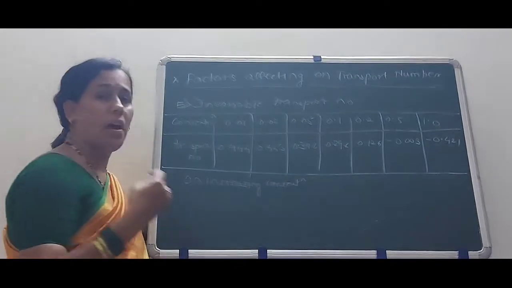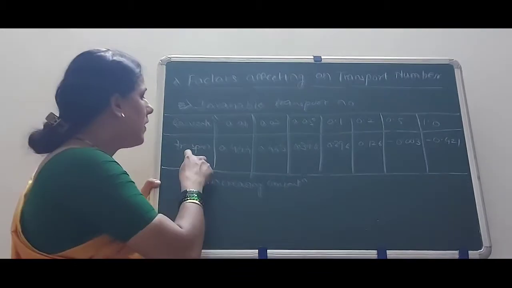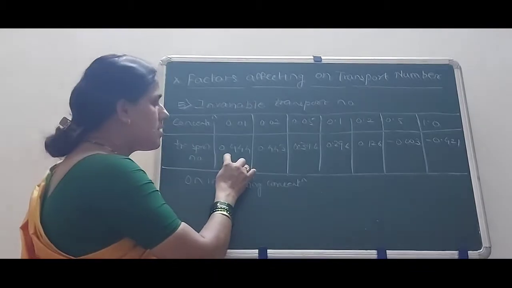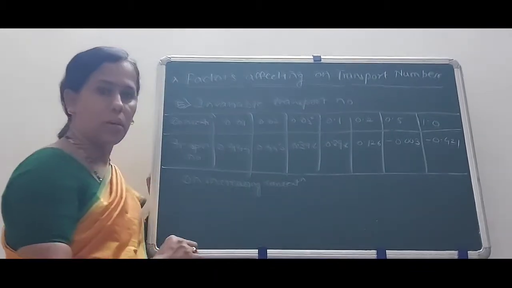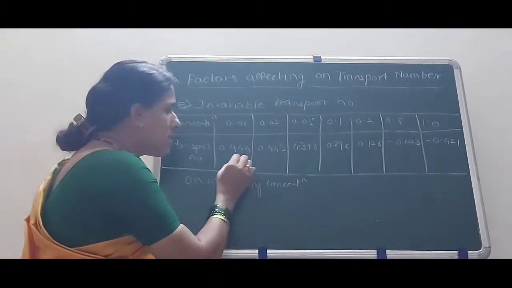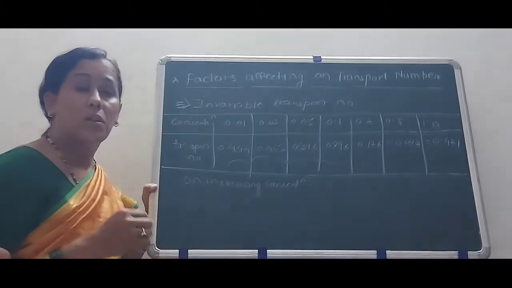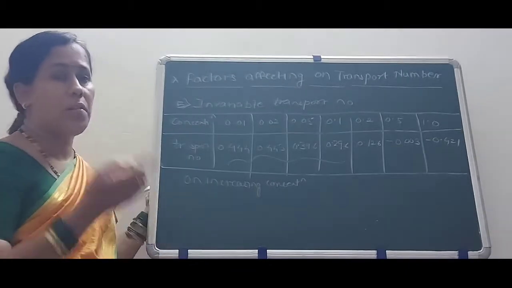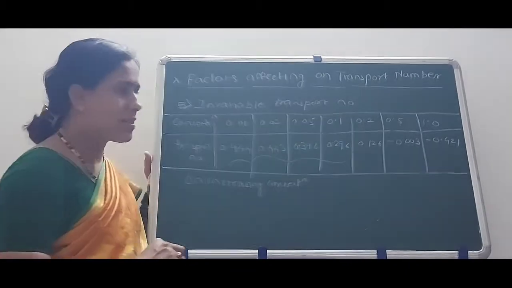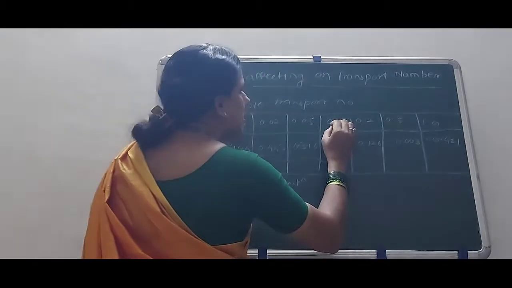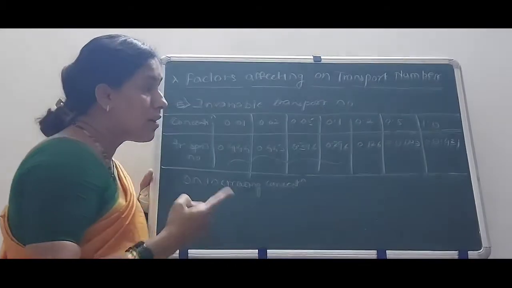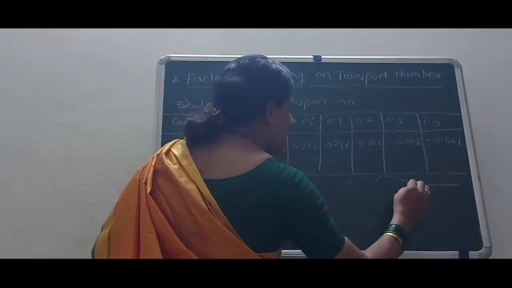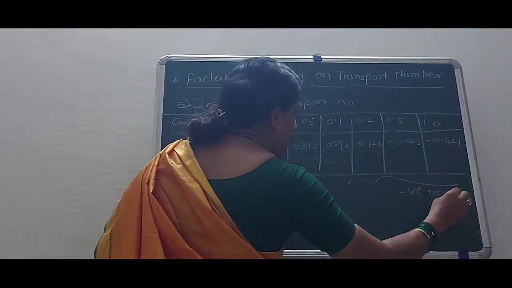According to the earlier rule, there should be an increase in transport number, but it does not happen. There is a decrease in transport number. Suppose this is due to the formation of a complex, which we have already discussed. But in many cases, on increasing concentration, negative transport numbers occur.